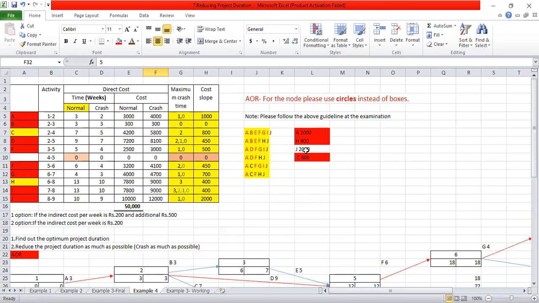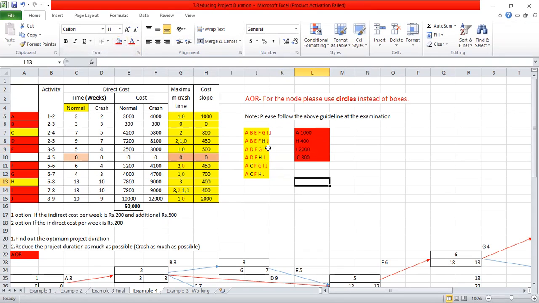So now J cannot be further crashed. So I will highlight the J activity also, right? I will cross it. So J cannot be further crashed.